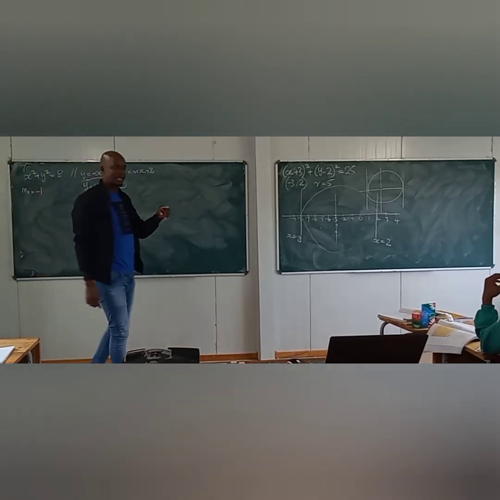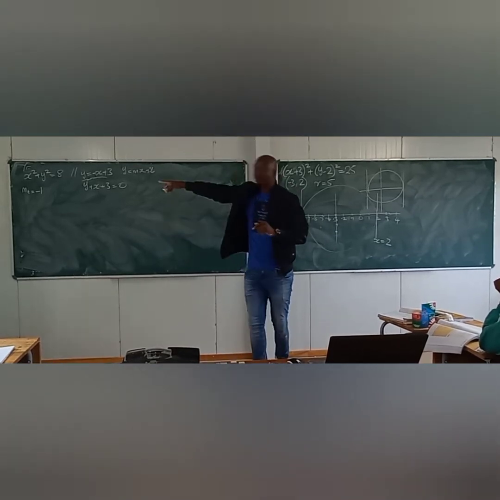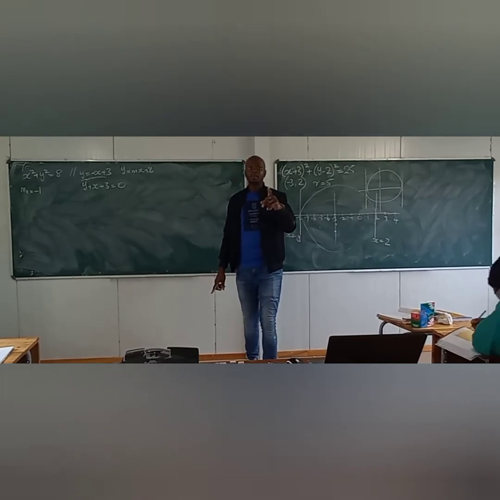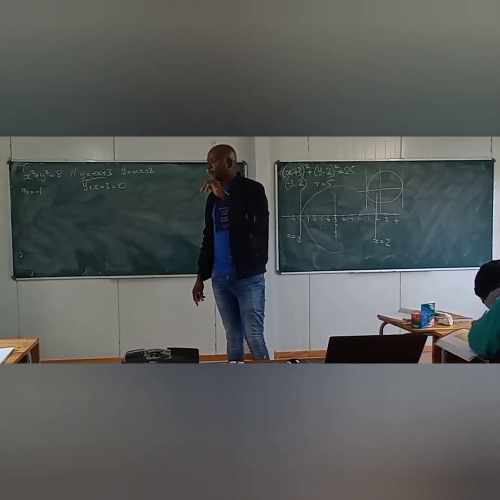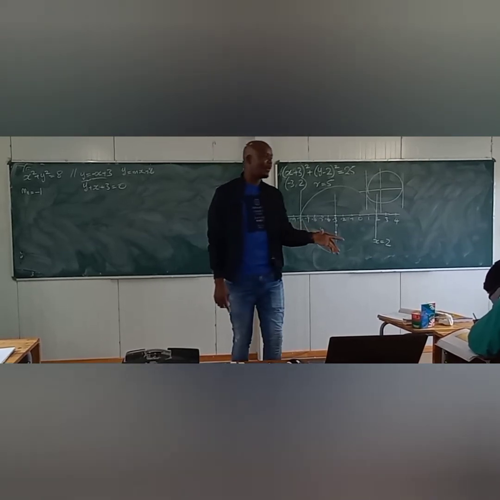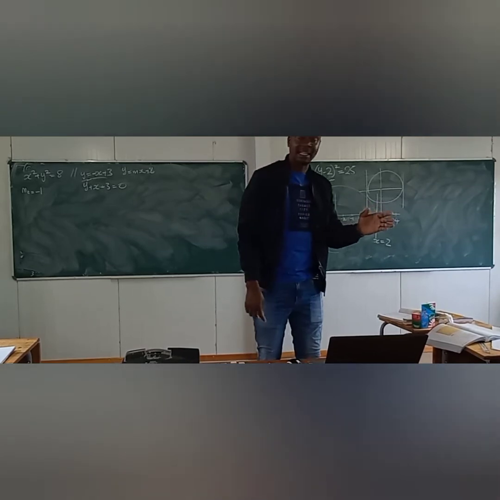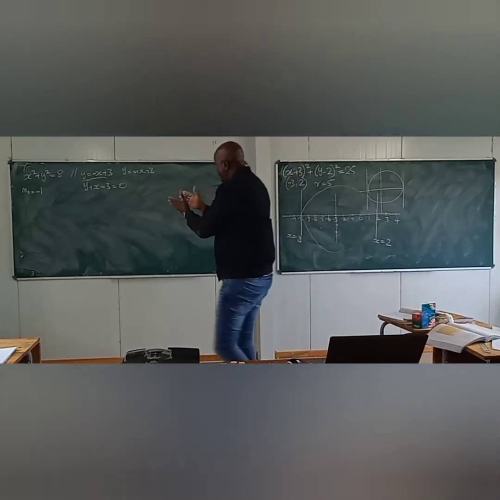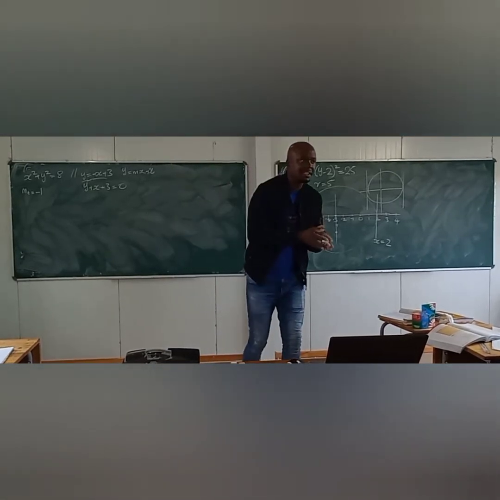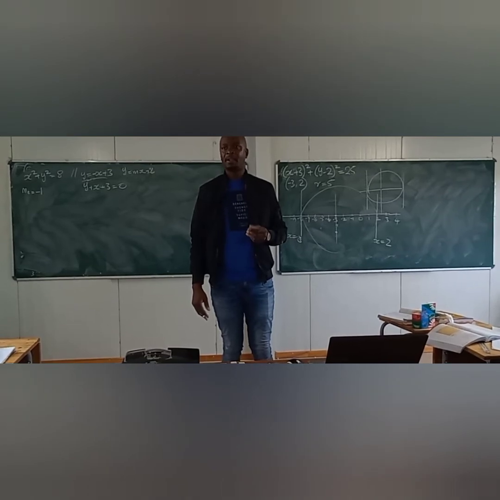The gradient is -1. Now, we need the point of contact. To write the equation of the tangent, we need the gradient and a point. We already have the gradient, but we do not yet have the point of contact.